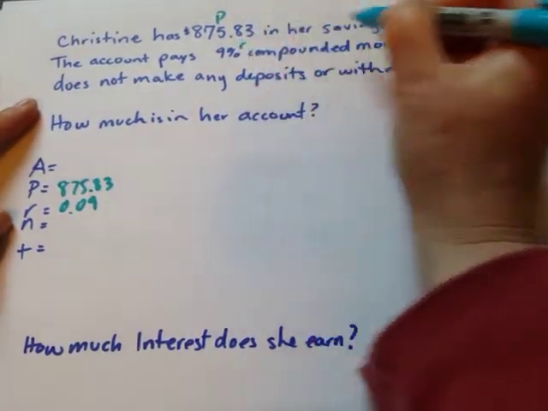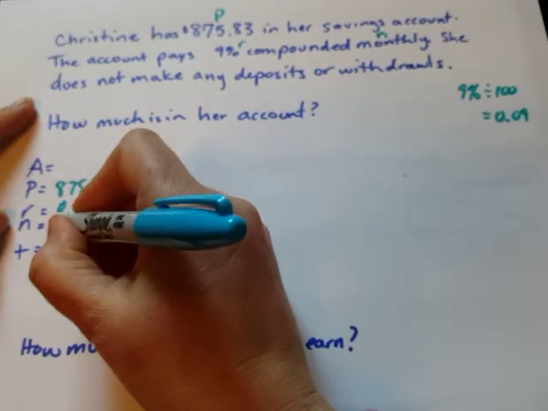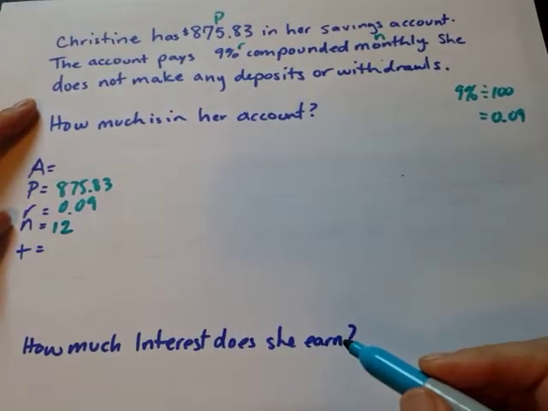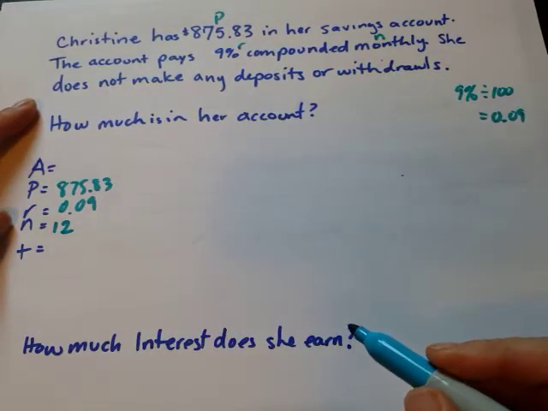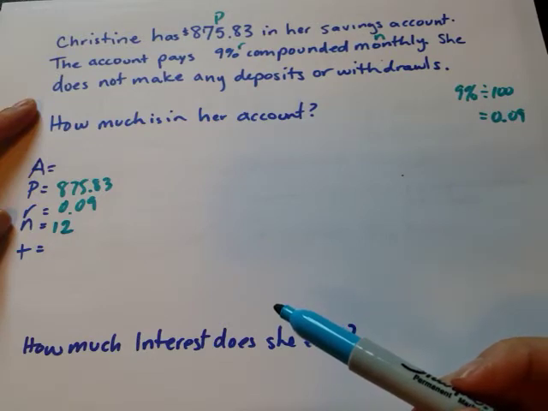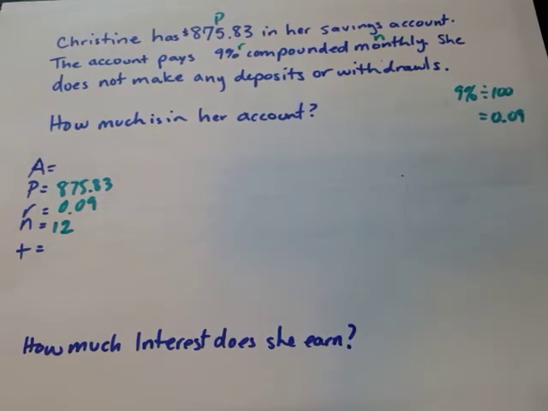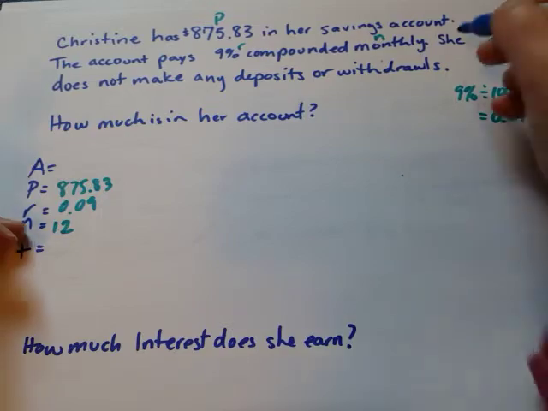Monthly is our N, so that's our compounding period. So in 1 year, there'll be 12 compounds. And this question has to be over 6 months.